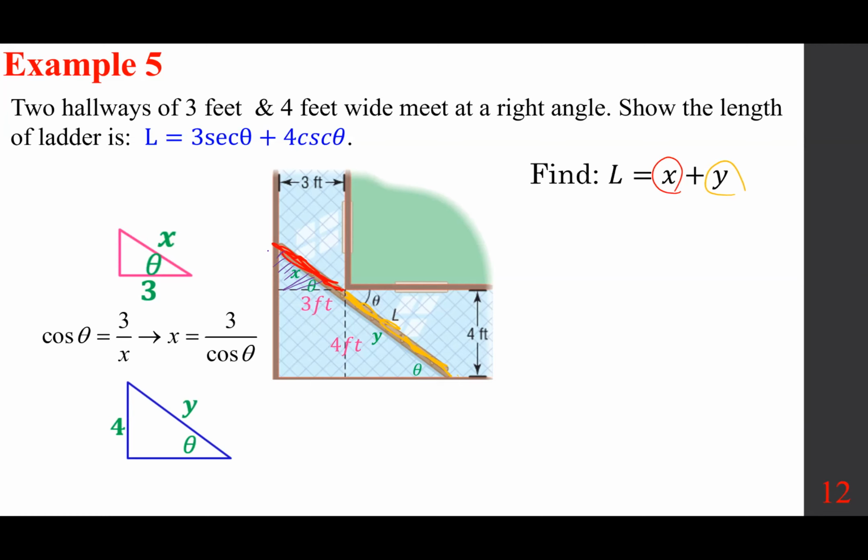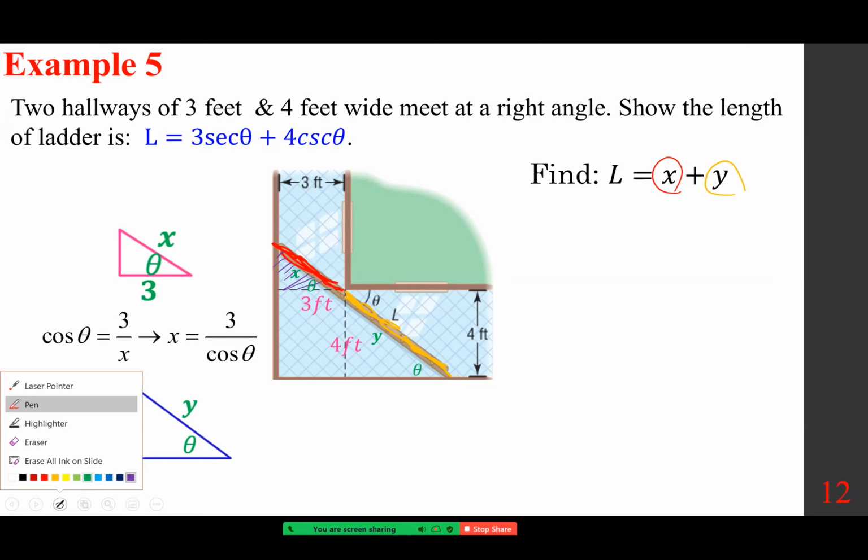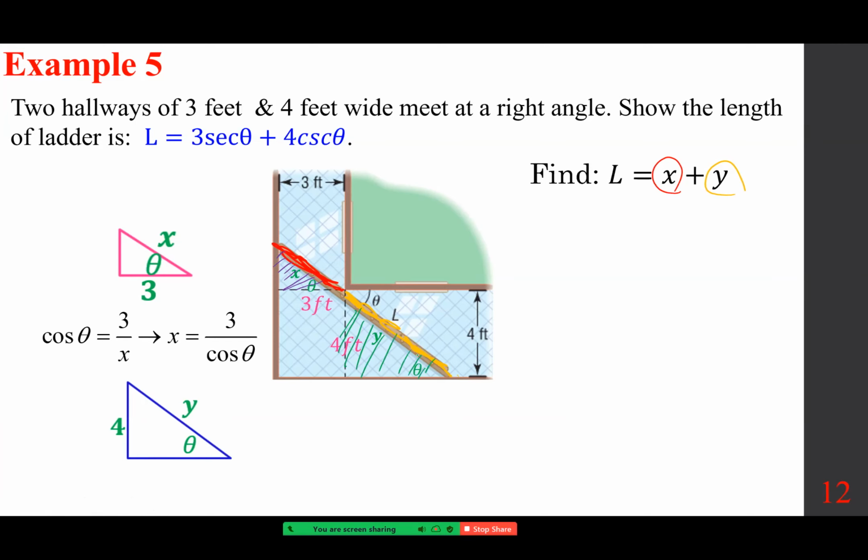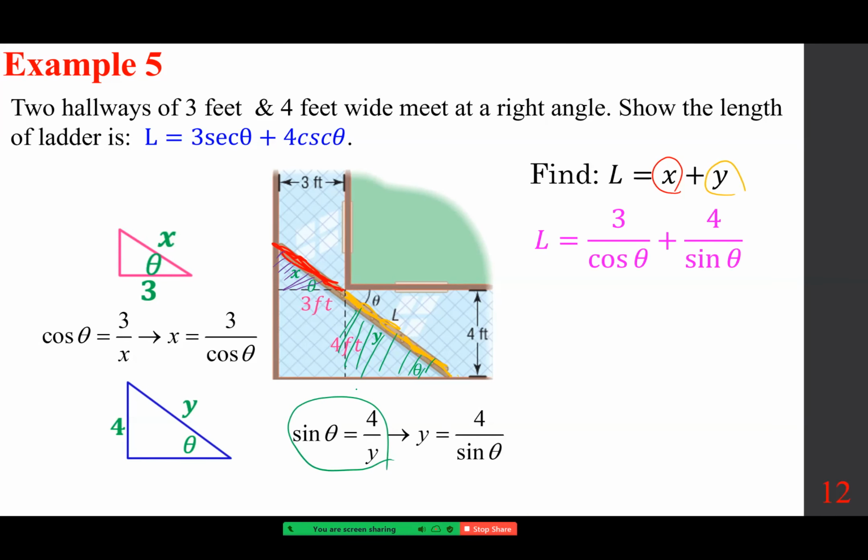This triangle, y, 4, theta, you can see that sine theta is the opposite, which is 4 over y. And if this is the case, therefore, y is 4 over sine theta. So let's put them in here. 3 over cosine theta is 3 secant theta. 4 over sine theta is 4 cosecant theta, and we are done.